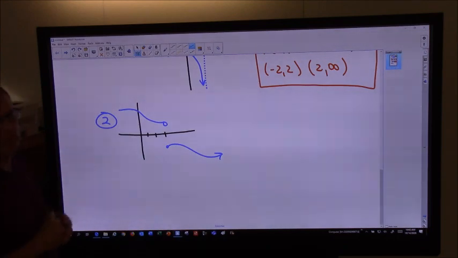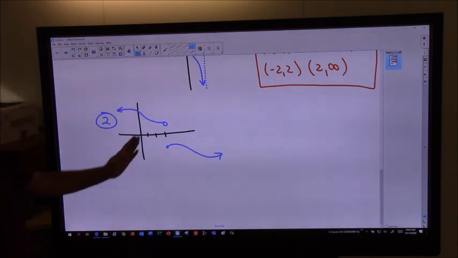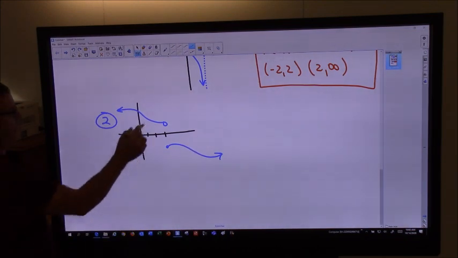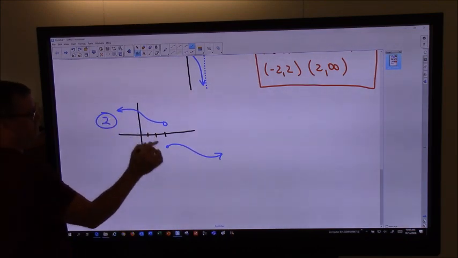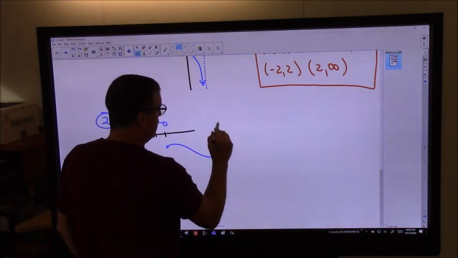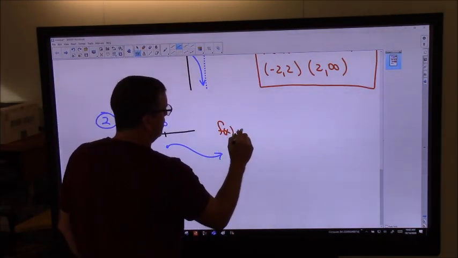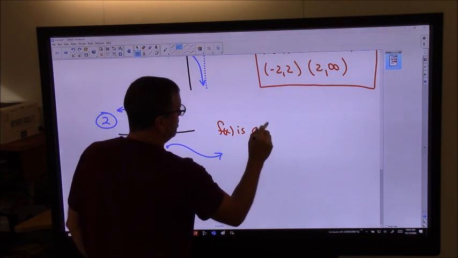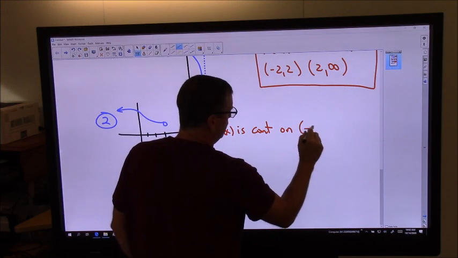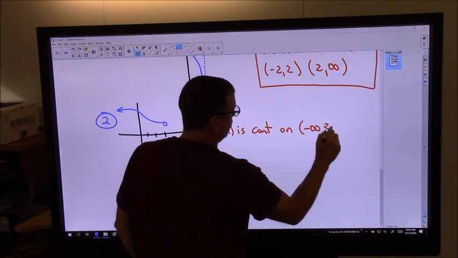All right, so you guys go ahead and try this one. All right, so obviously there's a break at x equals 3. I could draw this whole part without lifting my pencil, and I could draw this part. So I would say that this function, f of x, is continuous on the interval from -infinity to 3.